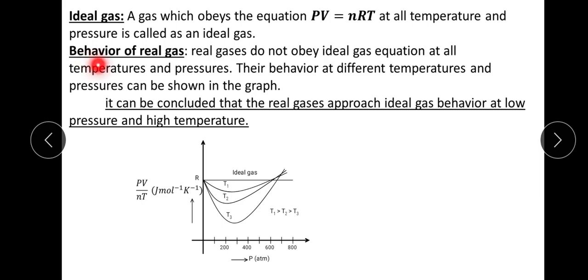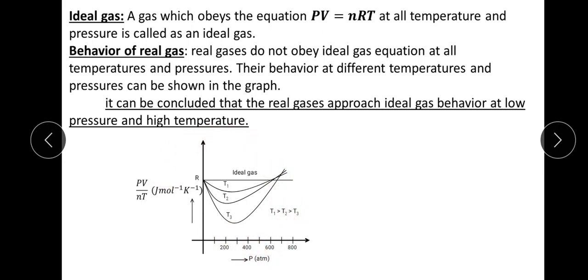So if you observe the behavior of real gases, we can plot this graph. Okay, so in this graph we have plotted pressure versus the universal gas constant R. You can see here, R can be equal to PV divided by nT according to that equation.